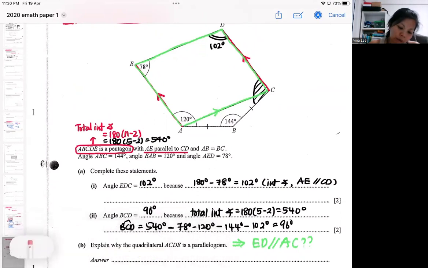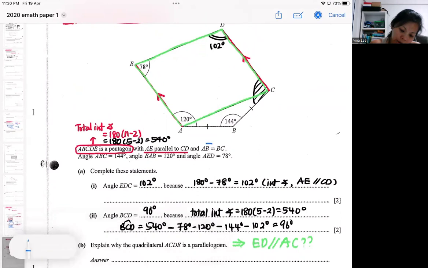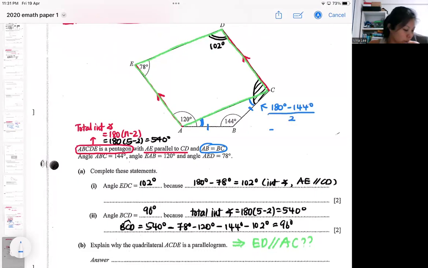The only thing that I have not used so far is the isosceles triangle. If I use my isosceles triangle, I can calculate the two base angles. I'm quite sure you know how to calculate the base angle. You will get 18 degrees. So I'm going to use the 18 to find out this angle.